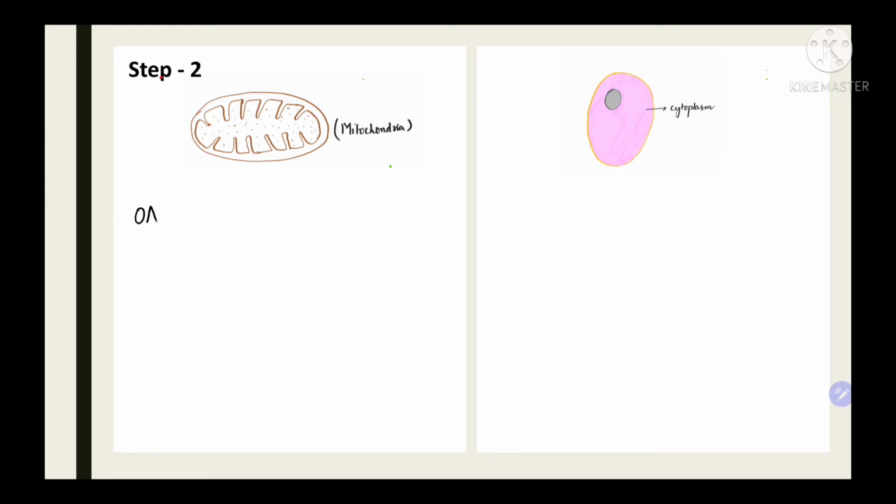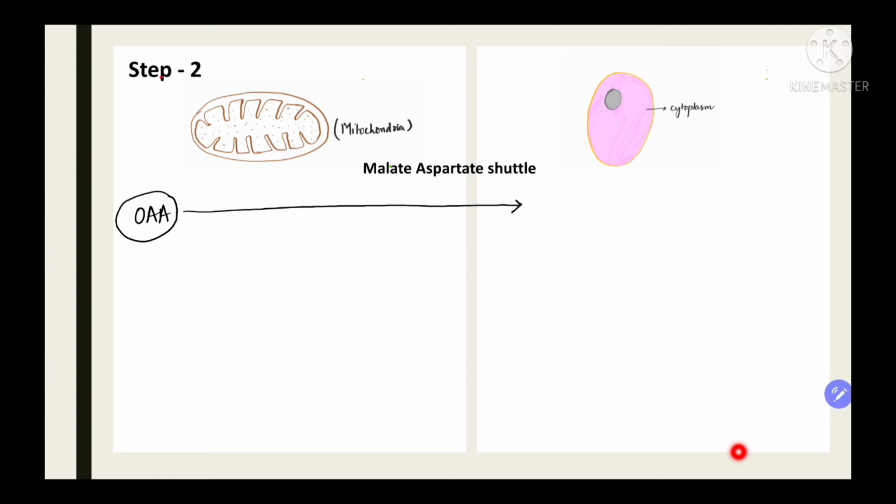So the oxaloacetate that is formed inside the mitochondria has again to be transported to the cytoplasm because all further reactions of gluconeogenesis take place in the cytoplasm. Now how this oxaloacetate gets transported is through the malate aspartate shuttle.